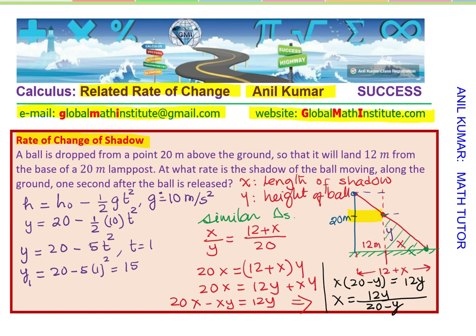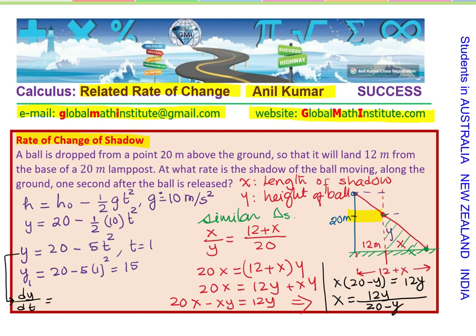So what we did is we found how x is related with y. Now we can find the derivative and find the rate of change of the shadow, which is x. So dx/dt is what we'll find. We'll definitely get an expression with dy/dt also. Since y is 20 minus half of 10t squared, or 20 minus 5t squared, let's find dy/dt. Differentiating, the constant is 0, minus 10t.